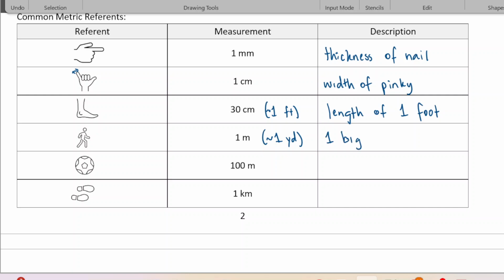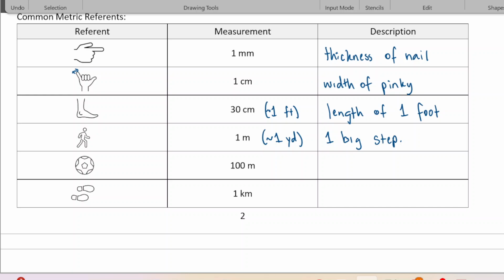A good example of people using this is referees in soccer or football. If there's a free kick, you're supposed to stand 10 yards from the person who's kicking the ball. And the referee will often count 10 large steps. So they're using a referent there to measure 10 yards or 10 meters.